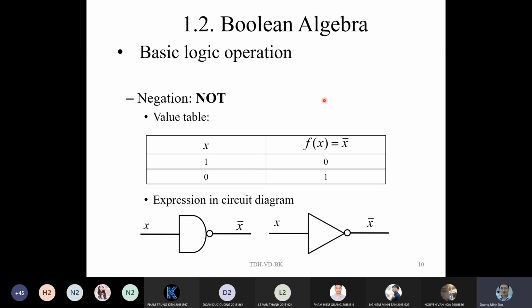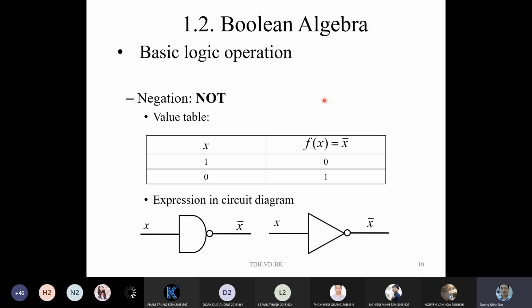Like in ordinary algebra, when we define the plus or multiply operation, we just list all. Like in elementary school in second grade, you study the multiplication table, bảng cửu chương, right? It's the list of all the possibilities that can happen from 1 to 9.